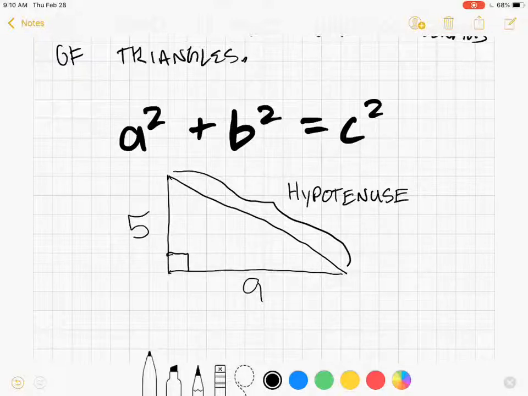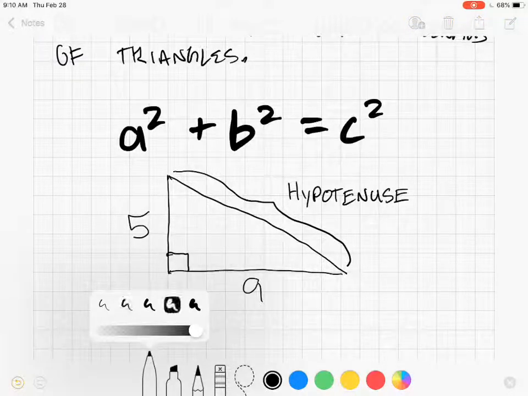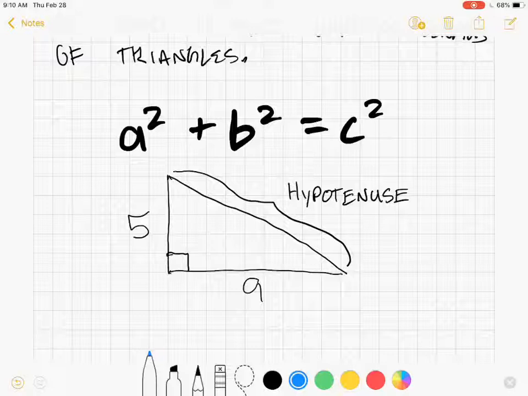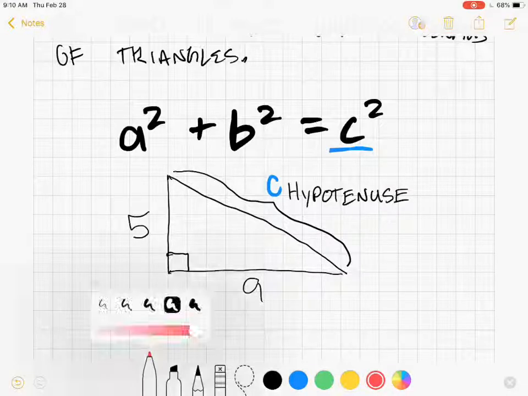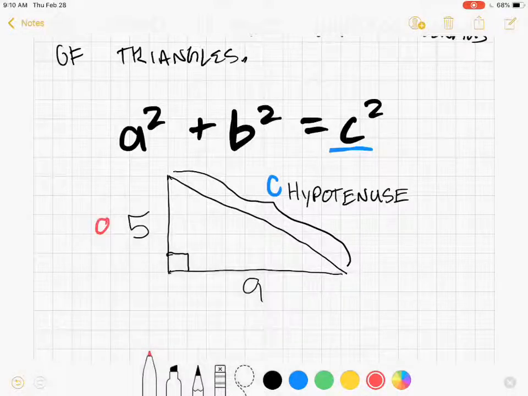And we call that c in the Pythagorean theorem, in a squared plus b squared equals c squared. The two legs are a and b.